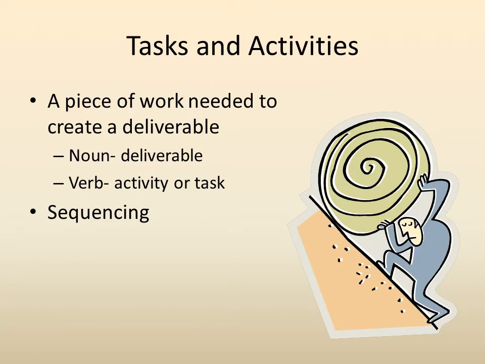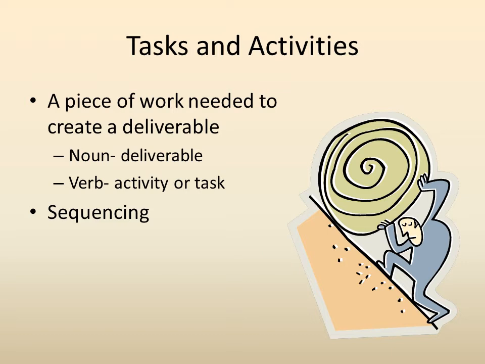After we know all of the deliverables that are going to be produced for a project, it's time to start talking about the tasks and activities that need to be completed in order to create those deliverables. So if we're talking about a noun, such as a report, that's a deliverable.